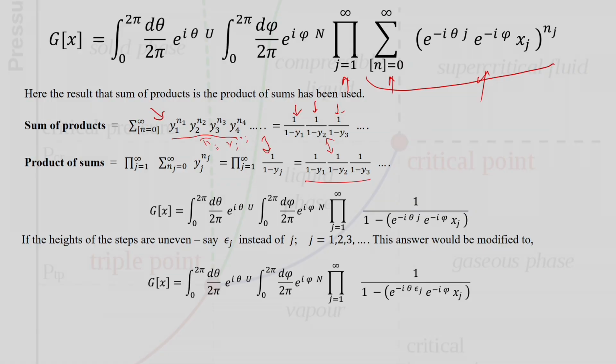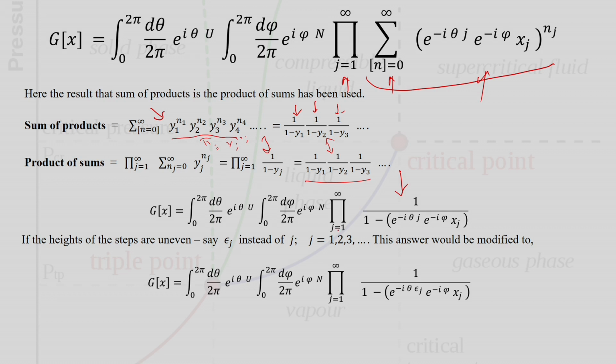I told you earlier that if these marbles represented fermions, or spinless fermions specifically, I would not be allowed to accommodate more than one marble per step, but we will discuss that shortly. But now let us imagine that there is no restriction on how many marbles I can accommodate per step, in which case I sum all the way up to infinity and I get this result.